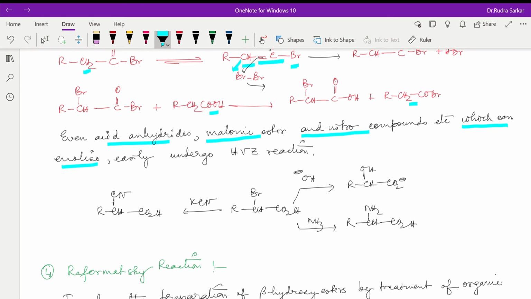Okay. Now what is the utility of this particular compound? The Br can be easily replaced by a nucleophile like CN. So we can have something like this, and this can be further hydrolyzed to give you a diacid. That is the utility of this compound.